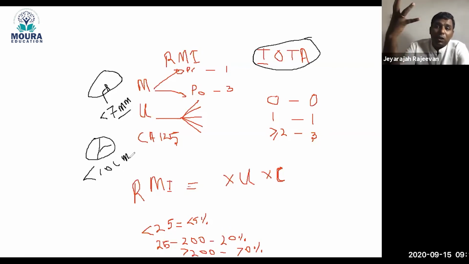If multilocular cyst more than 10 centimeter, that is malignant. Got it? So now I have told you three features. One is unilocular. It could be multilocular, but it should be less than 10 centimeter. Third one is you can have a solid component, but it should be less than 7 millimeter.